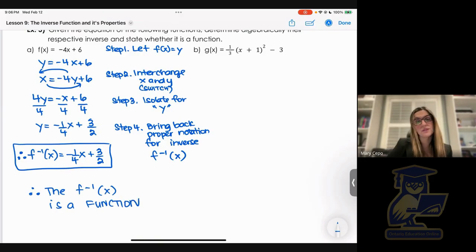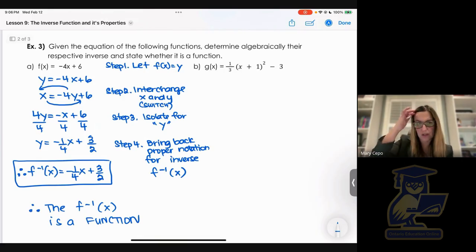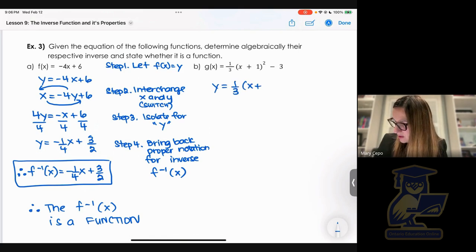Okay, we're going to follow the exact same steps with b, and we're going to state whether the inverse is a function. So first things first, we're going to let g at x equal to y. So y is equal to 1/3 x plus 1 all squared minus 3. Right? That's step 1.